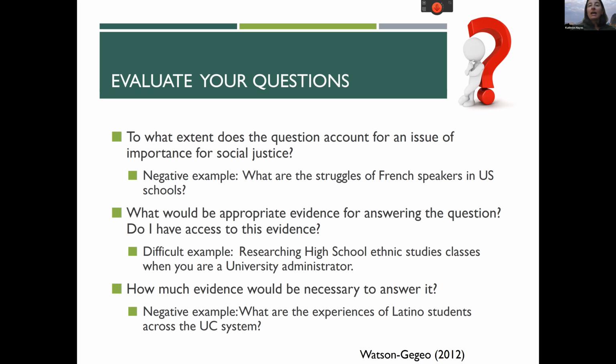Another question we can ask is, what would be appropriate evidence for answering the question? And do I have access to this evidence? An example here is we had a student who was a university administrator, and she was interested in researching high school ethnic studies courses.